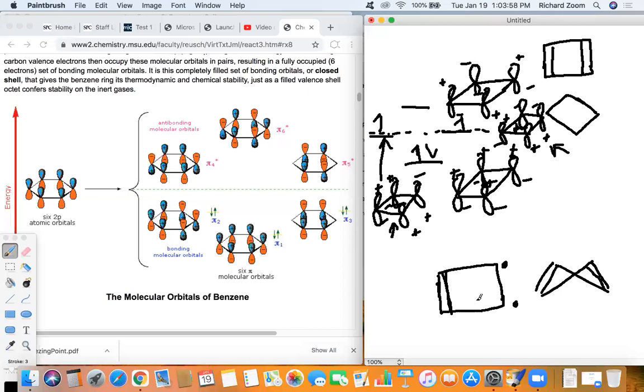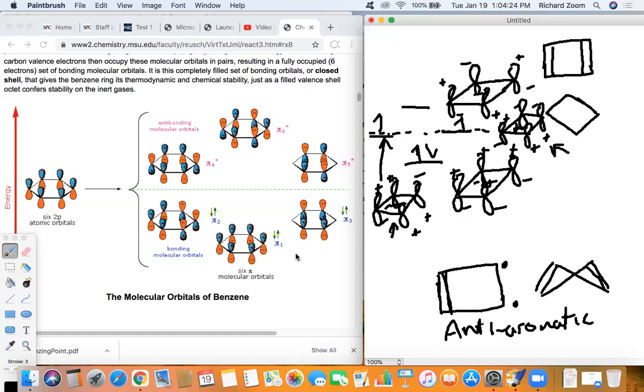So it turns out that there are certain predictable patterns. Some will be aromatic and some will be anti-aromatic. This particular case is anti-aromatic. This is the worst possible situation.